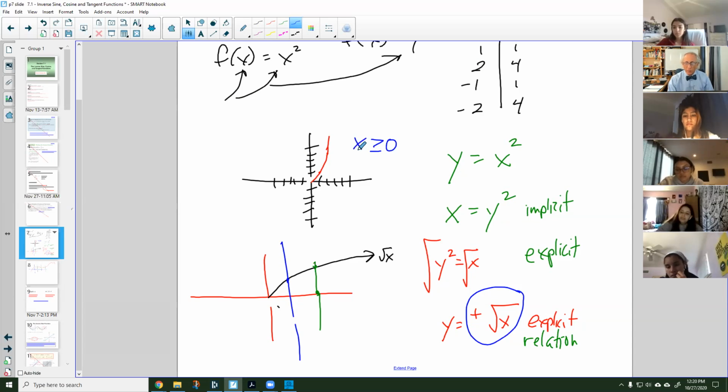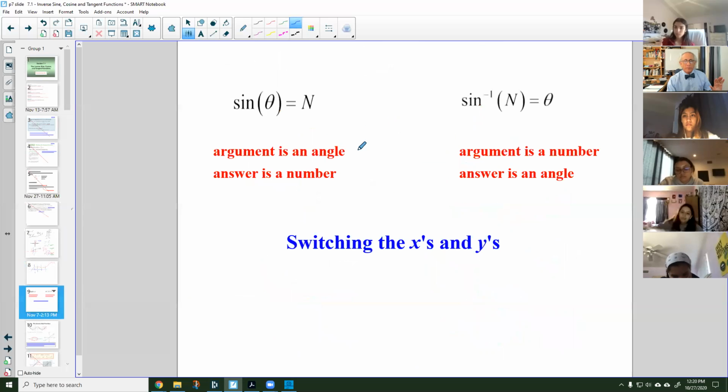So I want to talk about this in relationship to the trigonometric functions, and I'm going to start with the sine function. Remember, with the sine function, first of all, there's no such thing as sin by itself. That's only in religion class, right?